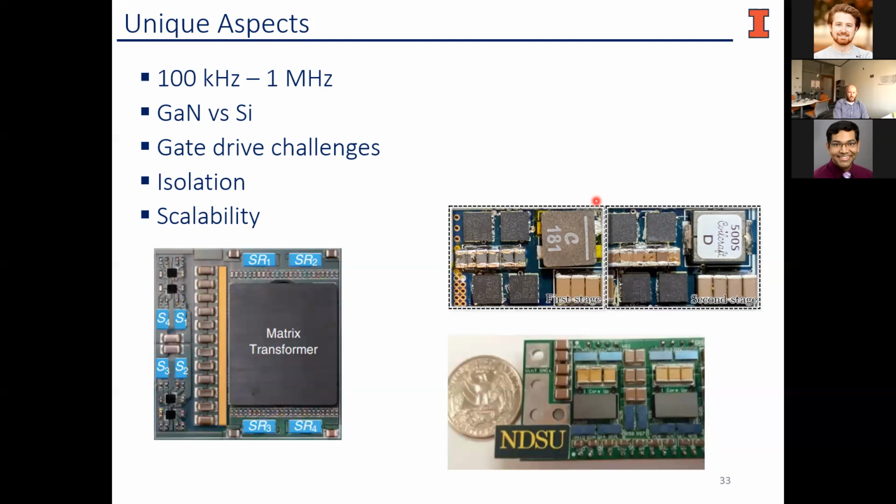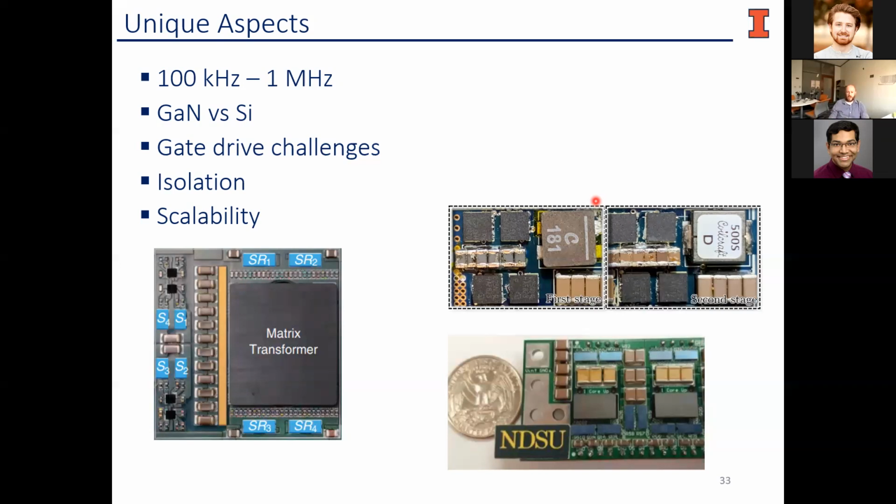We also saw isolation. If isolation is a requirement, then the LLC is going to meet that demand. We're not going to see these other two be able to meet that very easily. They are inherently non-isolated. And then there's also this interesting part of scalability. With many of the converters, the switch capacitor converters, we were already seeing how many of these are interleaved, and so we can just continue to interleave these.